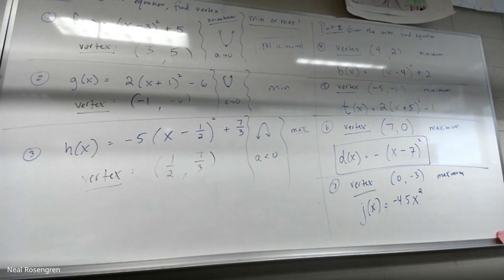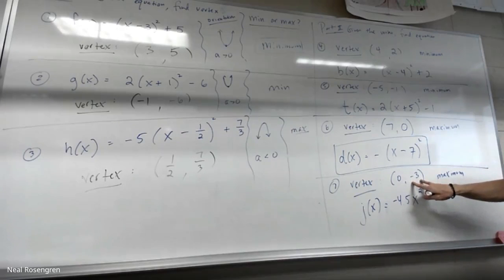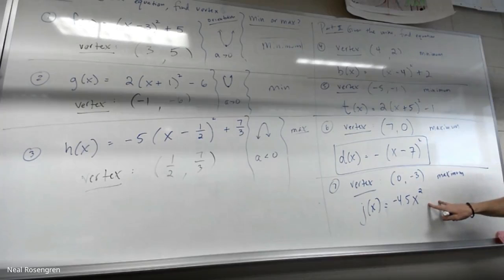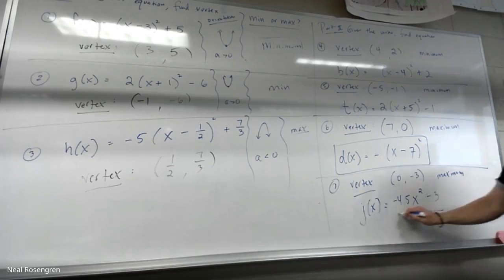Parentheses are only necessary if you are adding and subtracting stuff on each side. All right, what's next after the squared? We still have that plus K. There's K right there. So what should I put right here? -3. Good. Done.